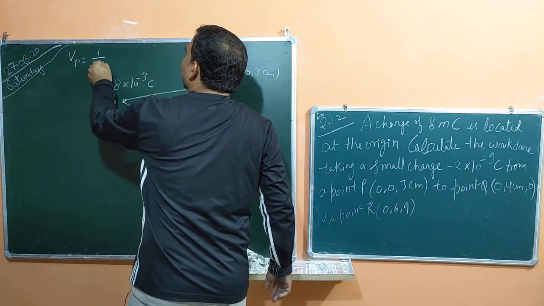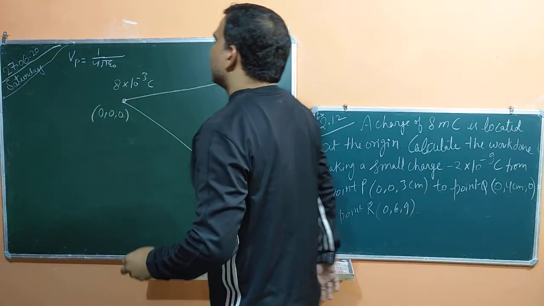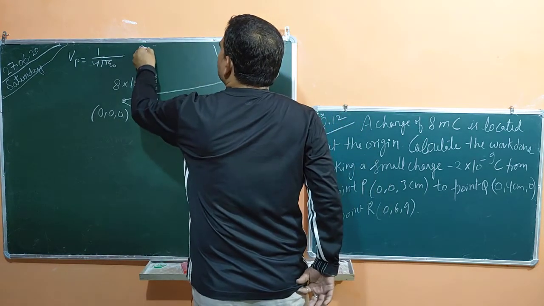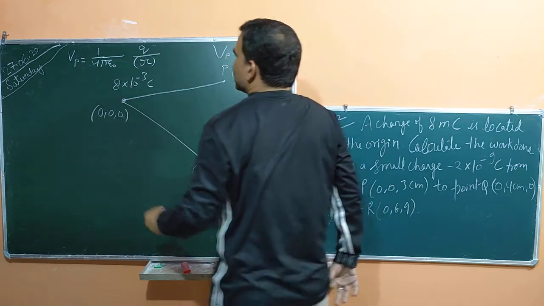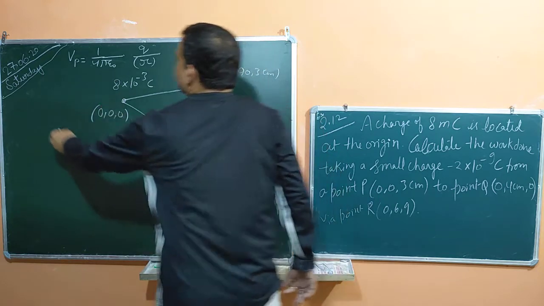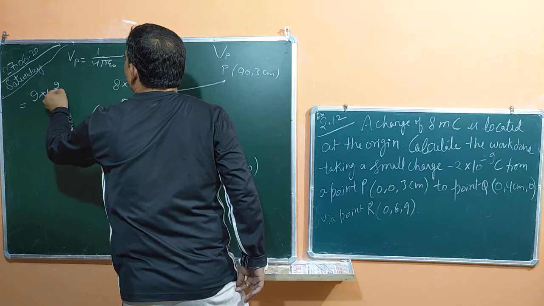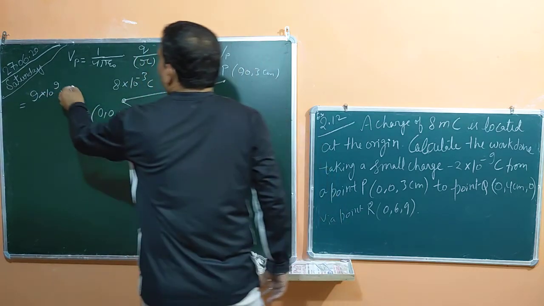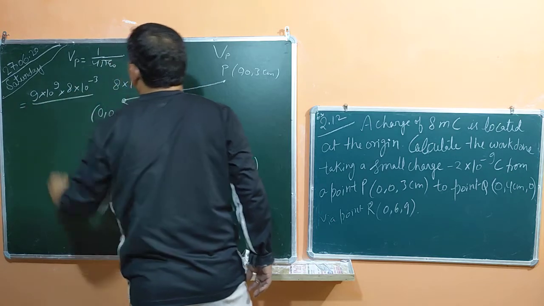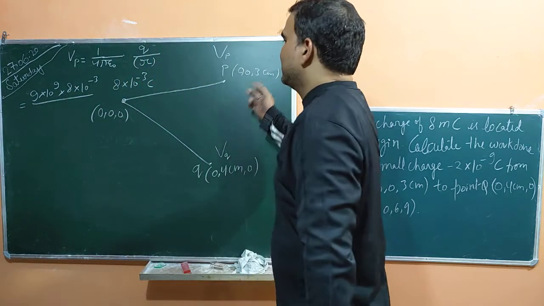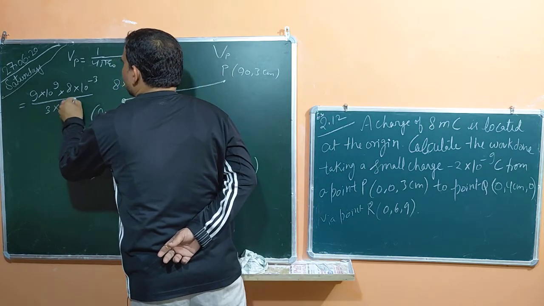1 upon 4 pi epsilon naught Q upon R, which is 9 into 10 to the power 9, 8 into 10 to the power minus 3 divided by 3 centimeter, 3 into 10 to the power minus 2.